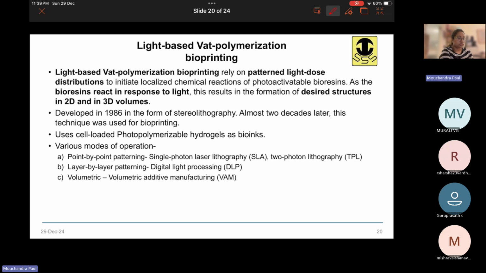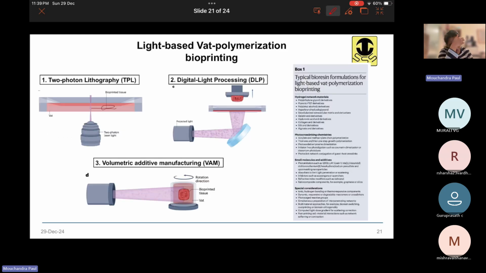Okay. So there were different modes of operation that we saw. It basically depends on how the light is being exposed to the vat. Depending on that, different modes are available. We saw there was two photon lithography, where we use two lasers coming from two different directions, like from top and bottom.